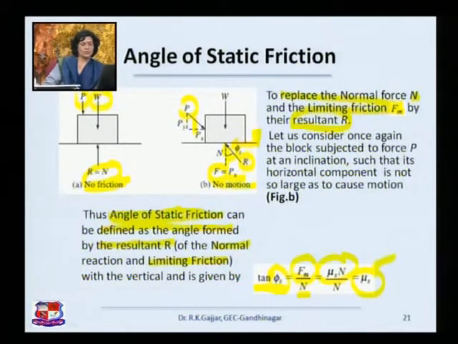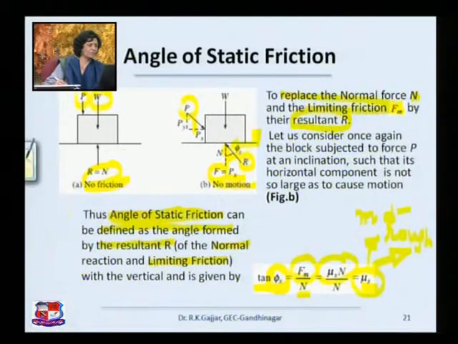As soon as you know the coefficient of static friction, that means once again we come back to the nature of the surface, the material and the roughness will constitute the coefficient of static friction. The moment you know the coefficient of static friction, you will know that this is the maximum angle that can be maintained for no motion.